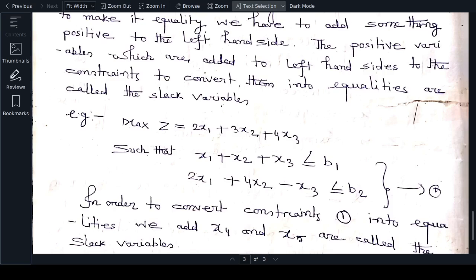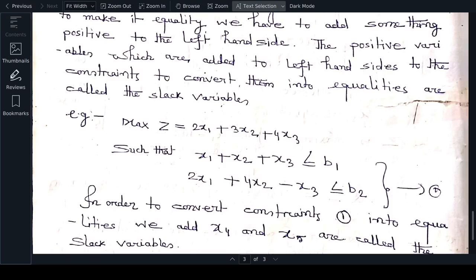No, no. Always we add something positive in the left hand side. But when the greater than or equal to symbol is present, then we will not use the slack variable here. Then we use another variable, called the surplus variable. Then we subtract something positive. Okay. Clear?